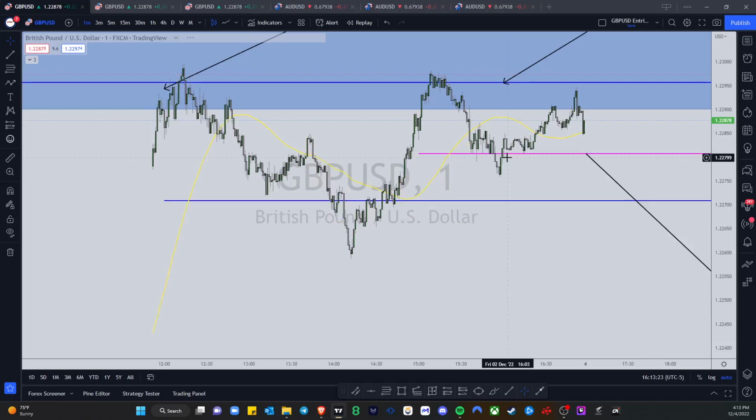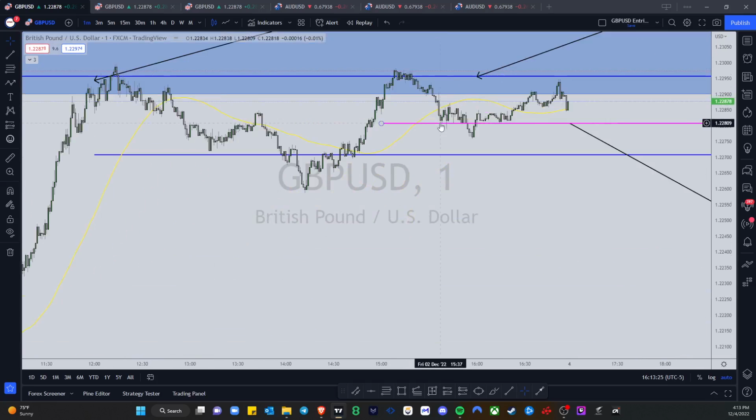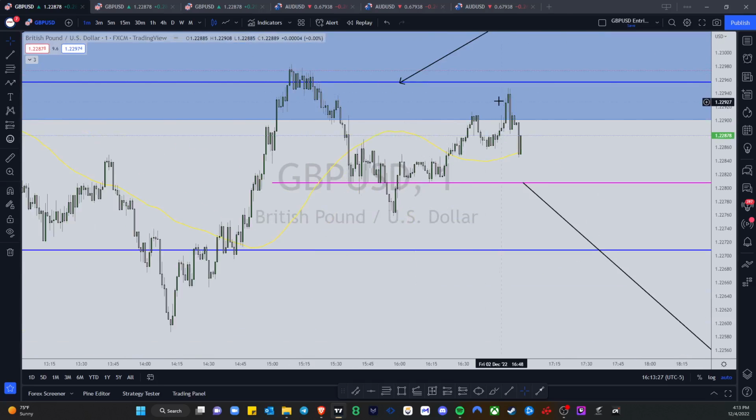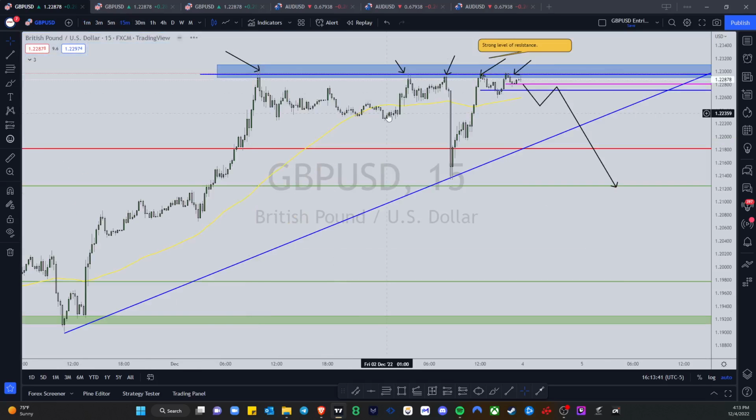So right now there's no sign of that, except for this one right here, a lower high made on the M1, but that's not a strong lower high, you know.